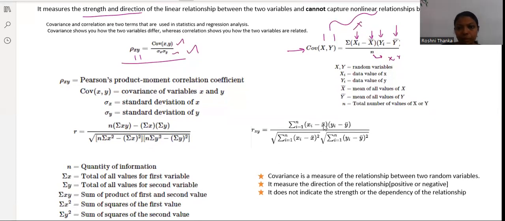So this is the formula: covariance divided by the standard deviations. The particular data value of the first variable minus the mean of the first variable, then the second variable's particular data value minus the mean of the second variable, the whole squared, and the square root of that gives the standard deviation.